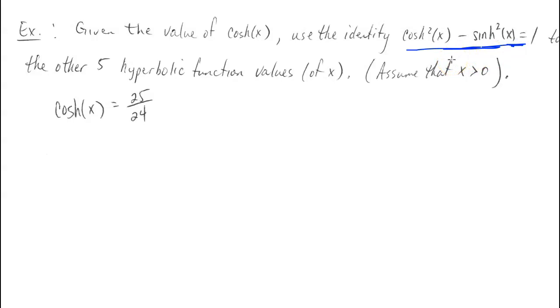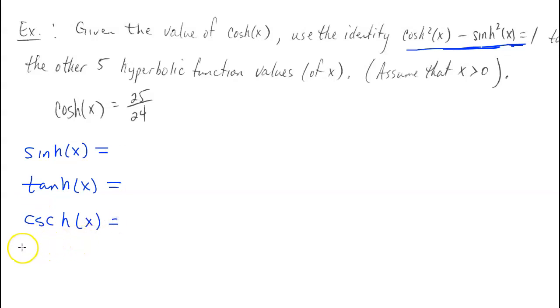Since we already have cosh x, we need to look for sinh x. We're also going to need tangent hyperbolic, cosecant hyperbolic, secant hyperbolic, and cotangent hyperbolic of x.